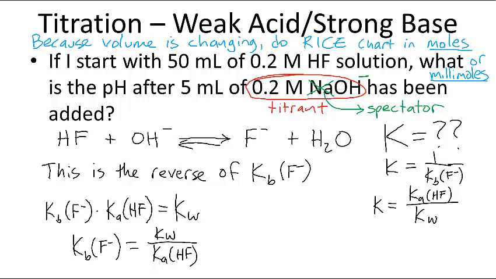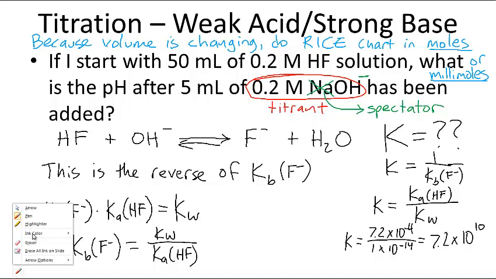So when I divide by that, I'm going to get a big value. And if you just plug in the numbers, K is now going to be 7.2 times 10 to the negative fourth divided by 1 times 10 to the negative 14th. So now I get 7.2 times 10 to the positive 10. Can we all agree that's a big K value? Huge K value.